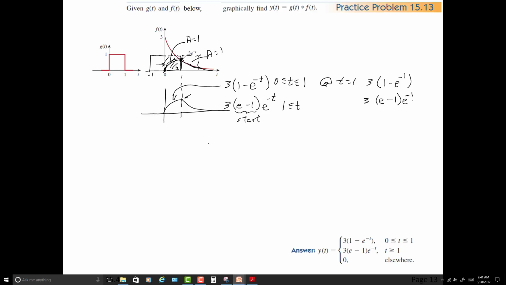And you say, well, what happened to this e to the minus 1 here? Well, it evaluated at t equals 1. The curve doesn't exist below that. And beyond that, this then is just the starting point, right? So it's offset. Anywhere else back here, it's 0. And way out here, it's going to be 0.